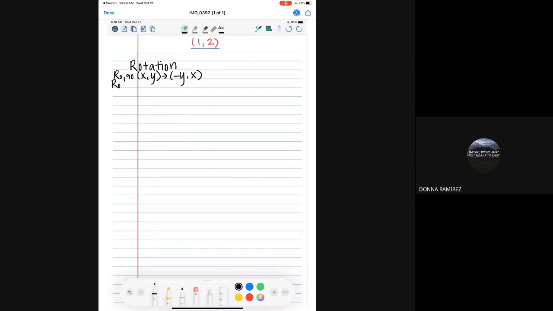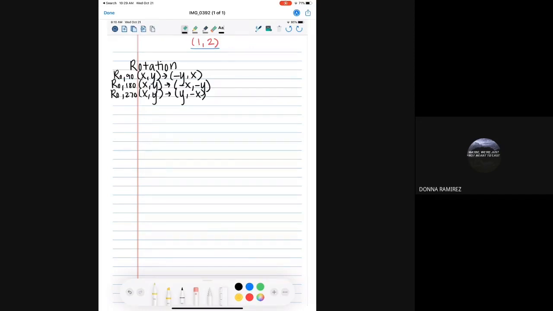We have a rotation of 180 degrees, which takes our original coordinates, keeps the x and y where they are, but negates them. And then we have a rotation of 270 degrees, which takes our original coordinates, switches the x and y, but negates the x.